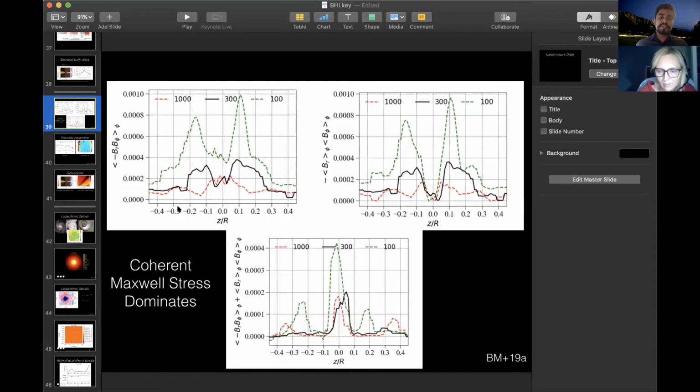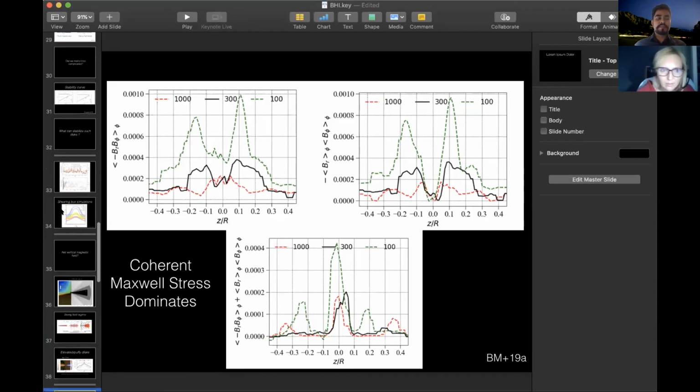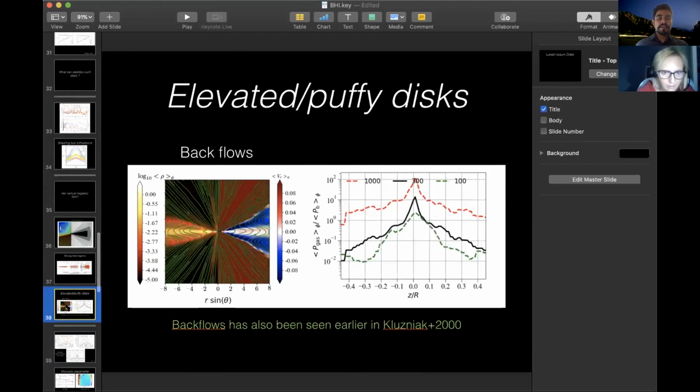So even if we do a radially averaged stress profile, it looks like the coherent component dominates in the accreting regions. That would be consistent with the plot here. But I'm waiting for the GR calculations we are running now for the same magnetic field configuration.